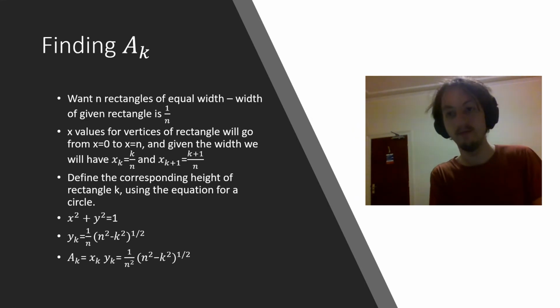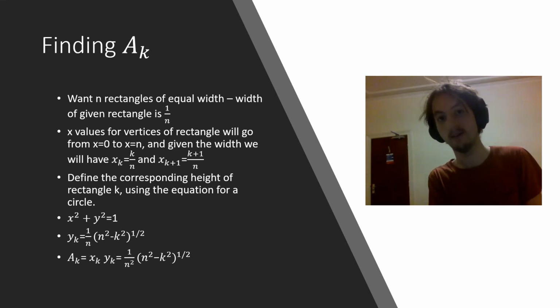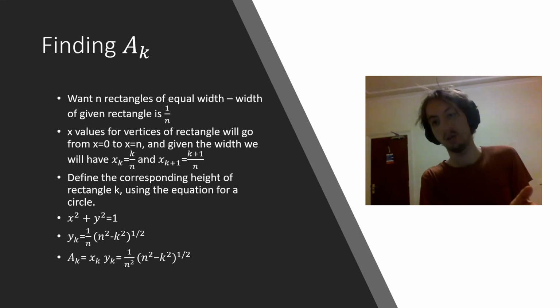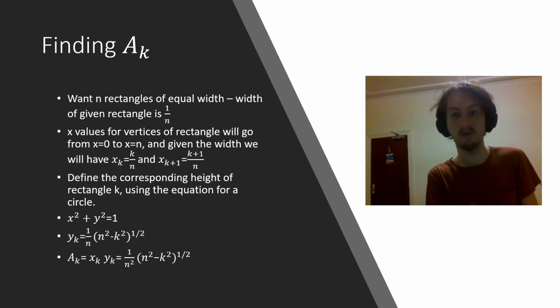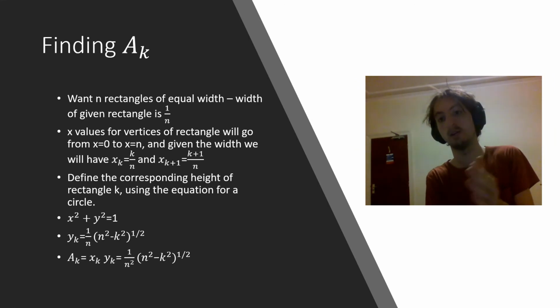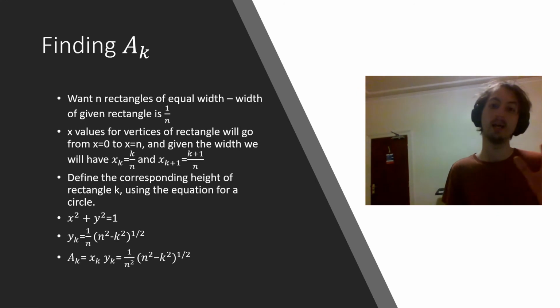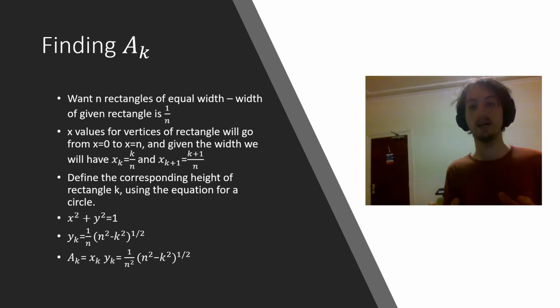So the kth rectangle is essentially going to lie between an x value of k over n and the x value of k plus 1 over n, because k over n is at the start of the kth rectangle on the x-axis, and k plus 1 over n is the start of the other, and thus the end of the rectangle we're talking about on the x-axis. So the rectangle is going to lie between x equals k over n and x equals k plus 1 over n.